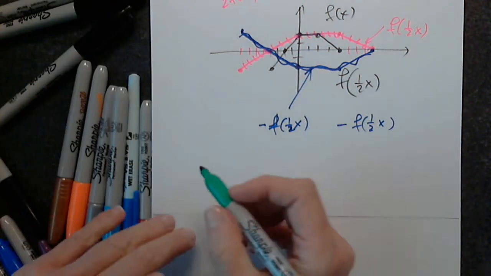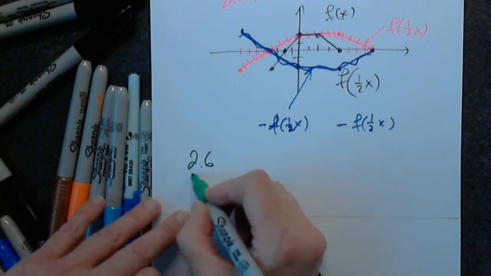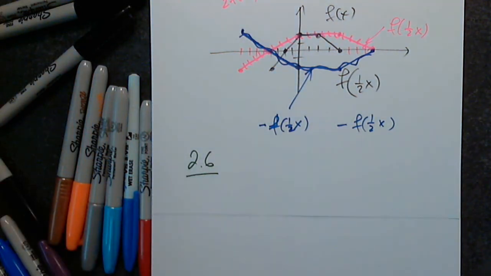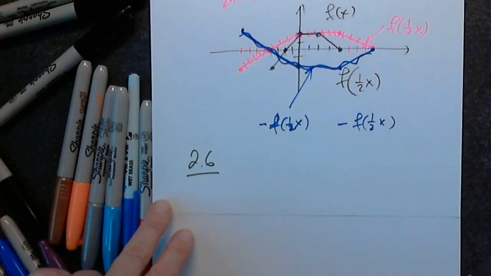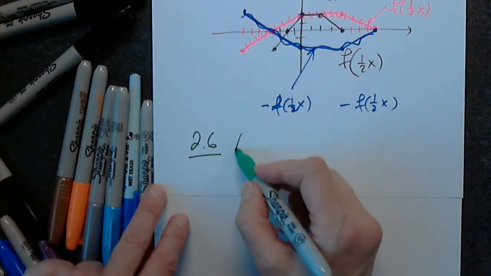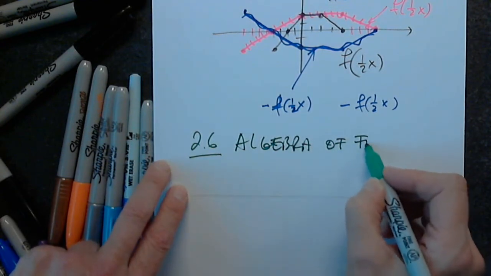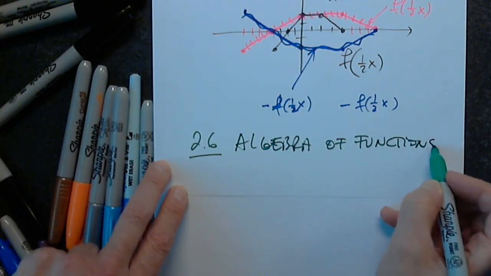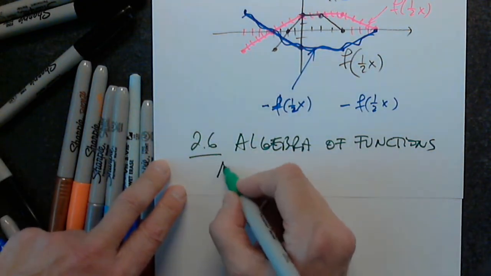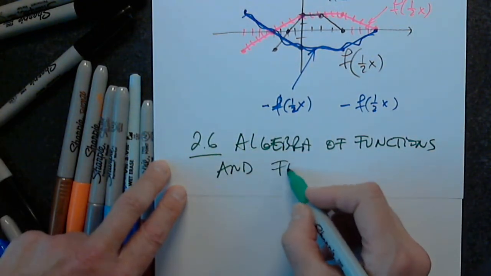Okay. So our next section is 2.6. I don't think there is anything new in 2.6 for you. I think this is going to be an entire review, but I'm going to go over everything. I call it Algebra of Functions, and, I would say, function composition.